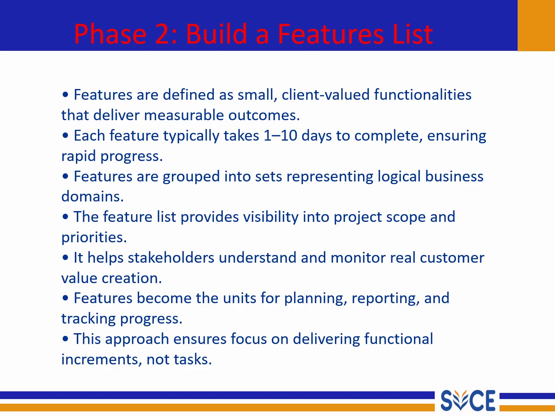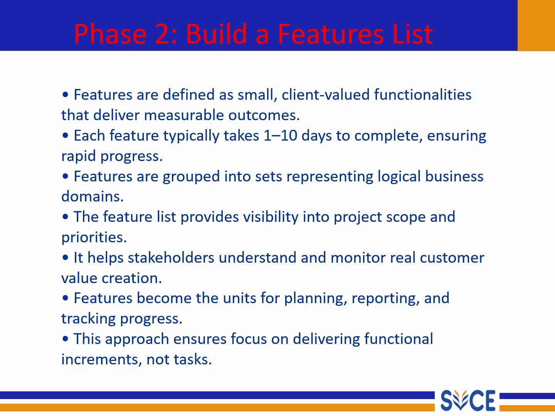For stakeholders, this list becomes the monitoring tool, helping them track real customer value creation instead of just technical work. So in FDD, features are the main units used for planning, reporting, and tracking progress. So rather than talking about tasks completed, the team talks about features delivered. And that's a big mindset shift. This approach ensures the focus is always on delivering working functionality, not just finishing small technical activities.